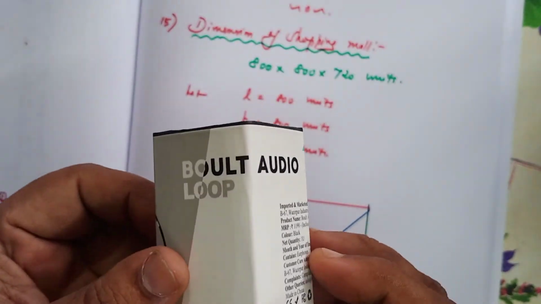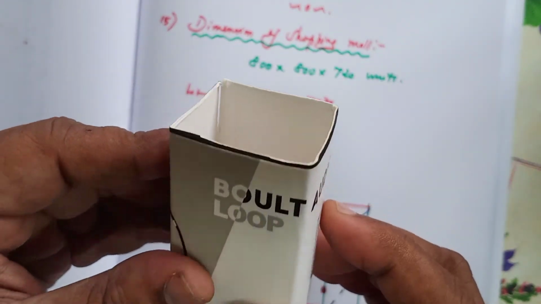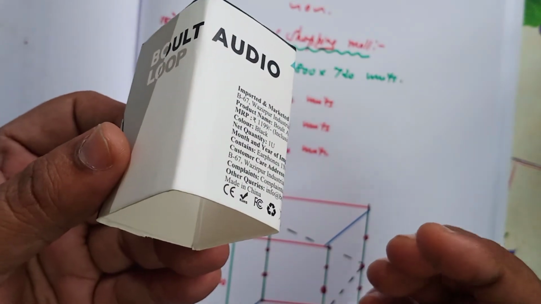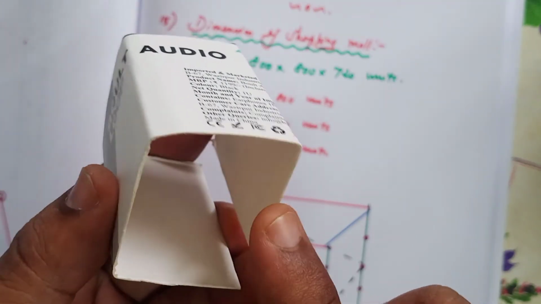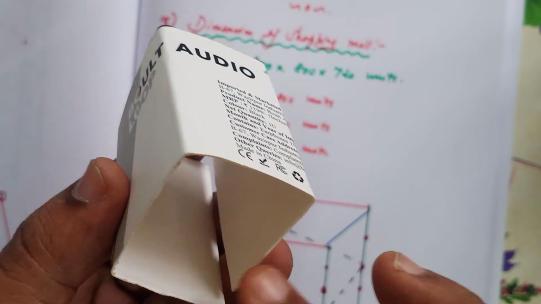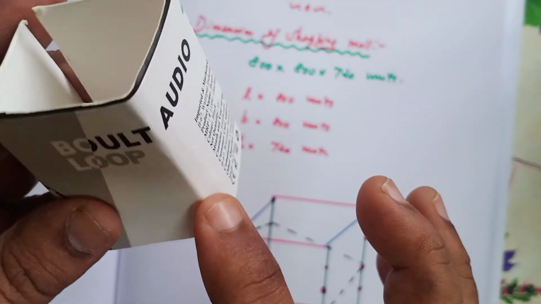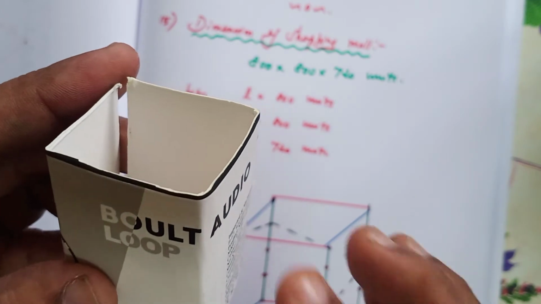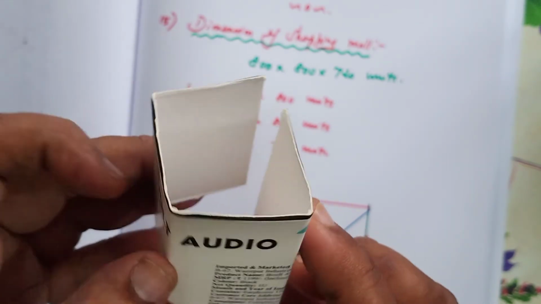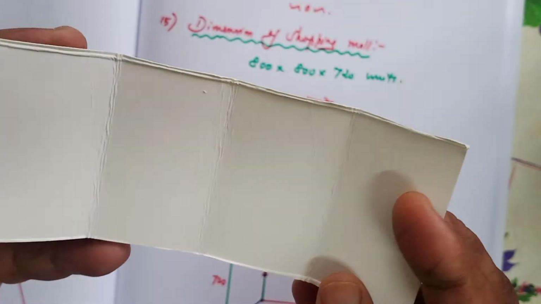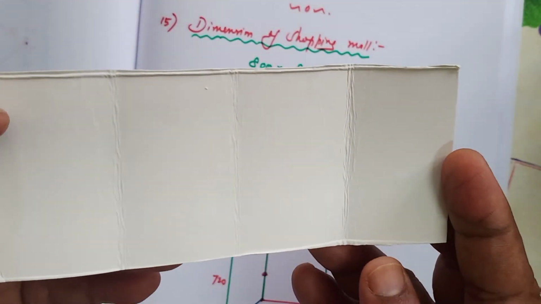Consider a cuboidal shaped shopping mall. Here, length and breadth are equal, 800 meters, 800 meters. Height, 720 meters. If I open that, we'll be getting a rectangle like this.